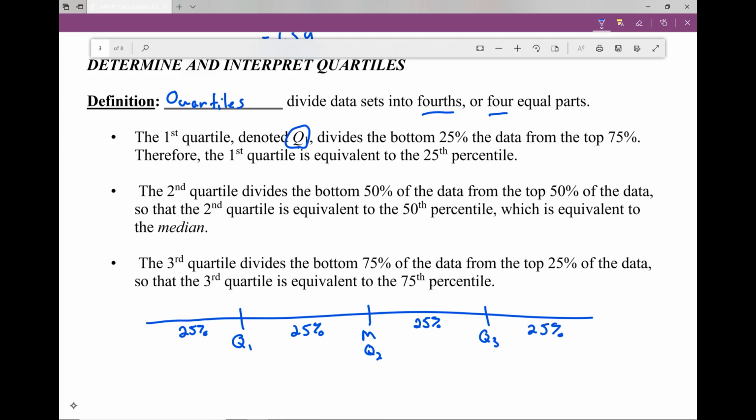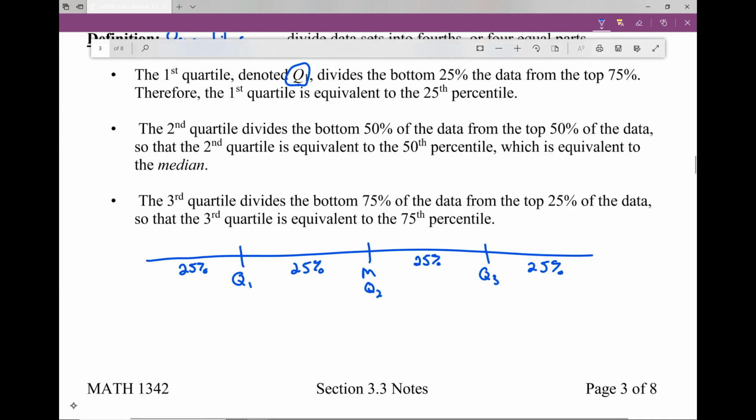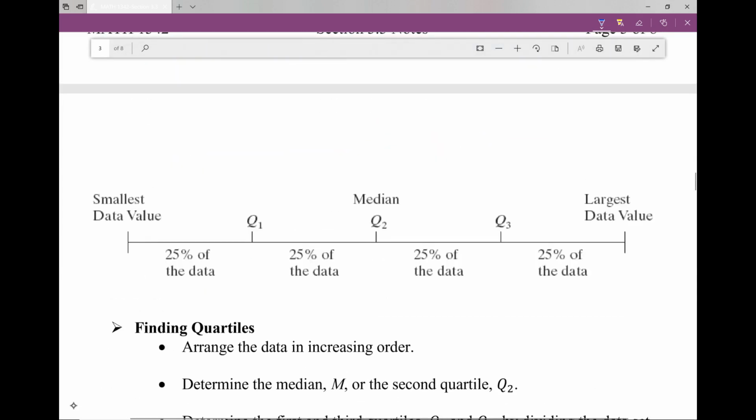So each of these bars divides off an additional 25%, or another 25 percentile. So we're at the 25th percentile, the 50th percentile, the 75th percentile, which is what this diagram denotes here as well. You have your smallest value, your Q1, your Q2, Q3, and your largest value.